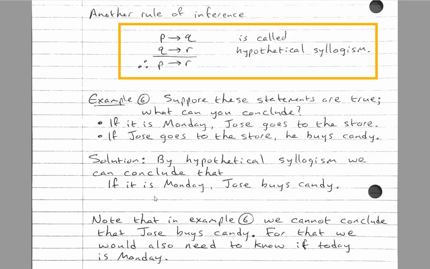So we can conclude that if it is Monday, then Jose buys candy. All right, so that's the P, that's the R. So it's understood that he goes to the store, and if he goes to the store, then he buys candy. So we can cut out the middle and just go from it being Monday to buying candy.